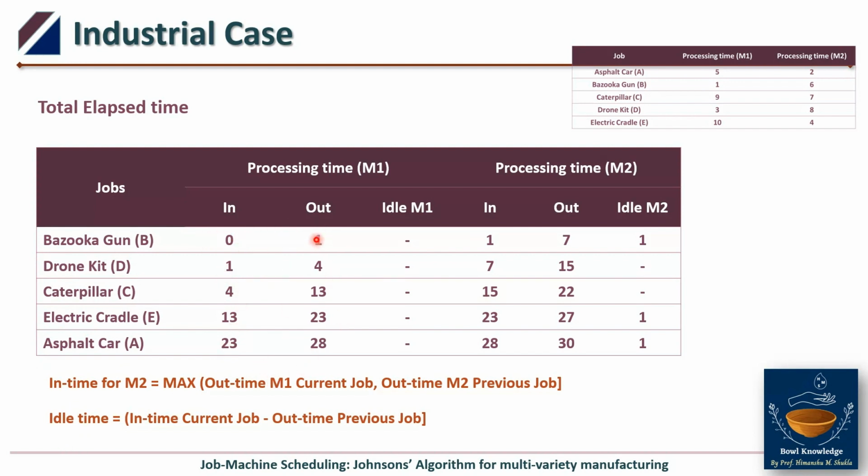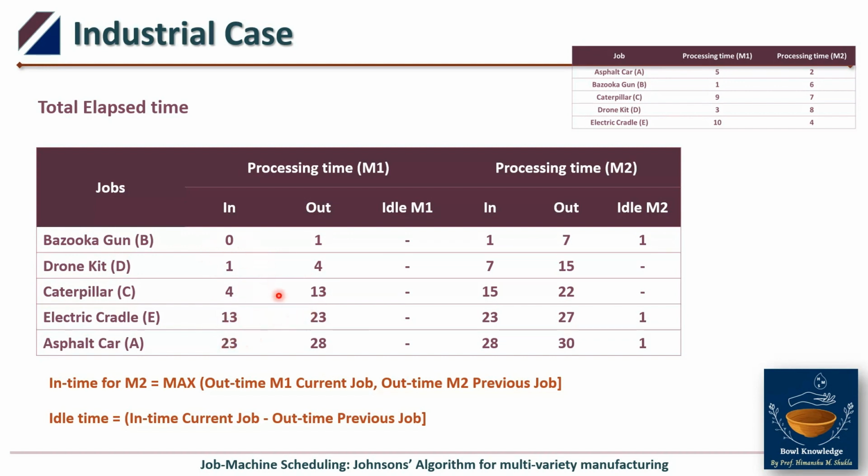The out time of machine 1 will be the in time of machine 1 for the next product. I am repeating it: the in time of machine 1 for any product will be the out time of machine 1 for the previous product. You can see this: 1, 1, 4, 4, 13, 13, 23, 23.